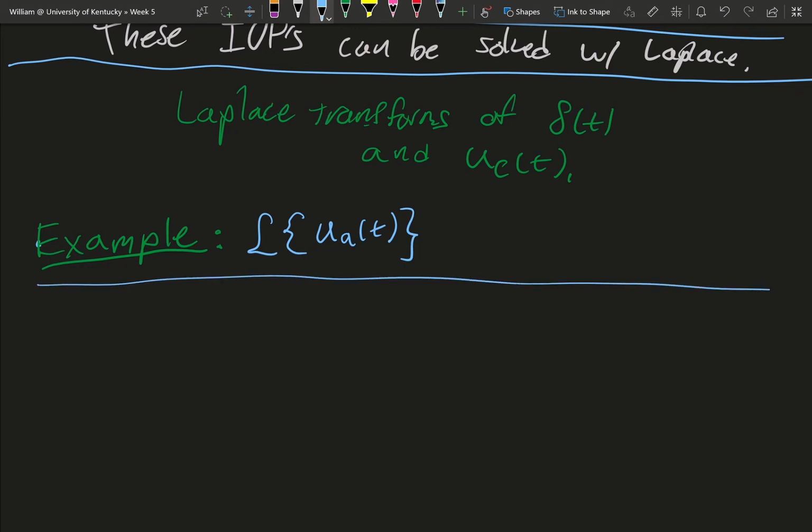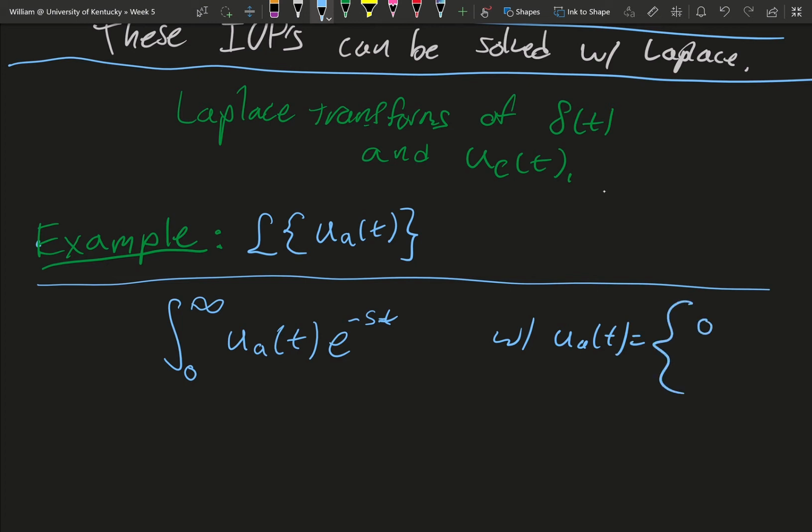Okay, so we can just write down our integral. And let's recall the definition just to think about what's going to happen here.